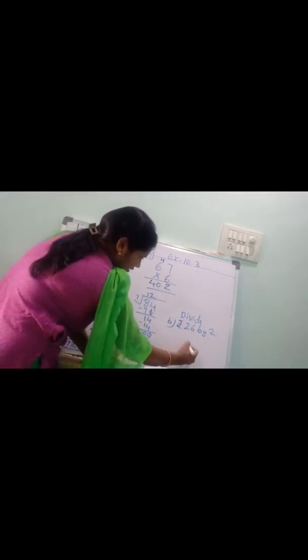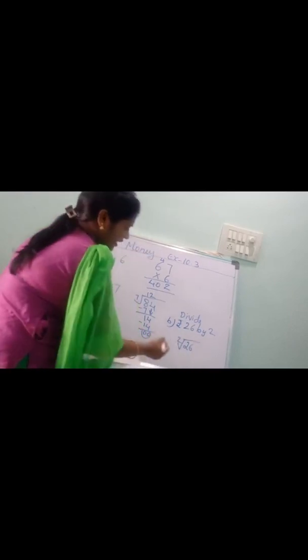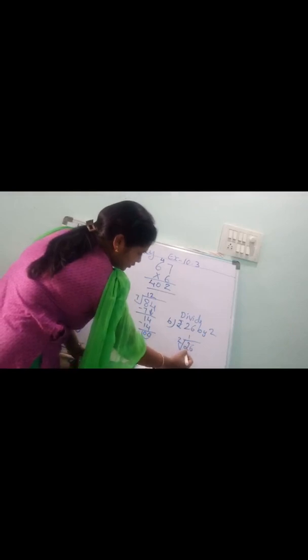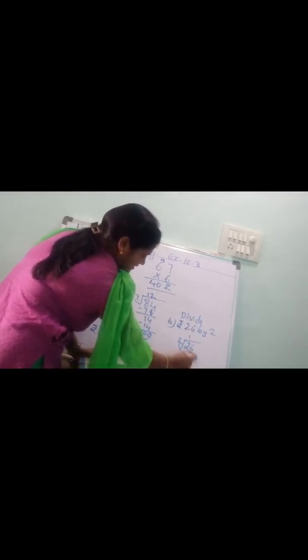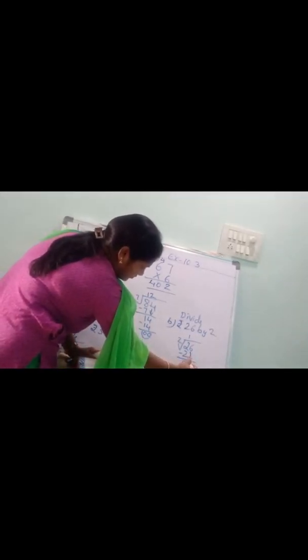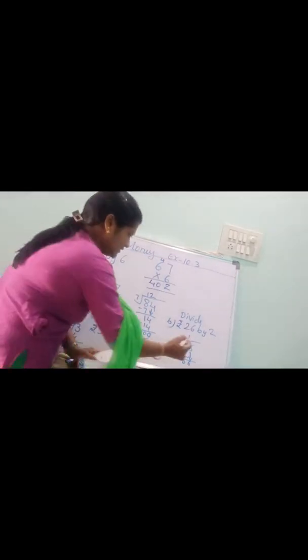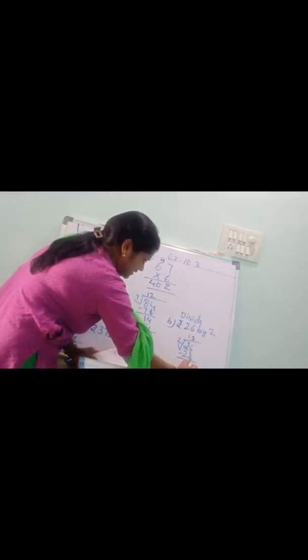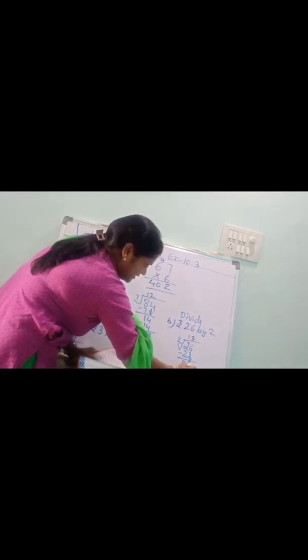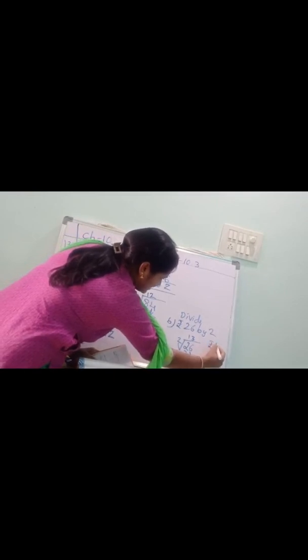Now, what you have to do? 26 divided by 2. 2 ones are 2. 2 you should write here, minus you should do. 2 minus 2, 0. You should take this 6 down. 2 ones are 2, 2 twos are 4, 2 threes are 6. That 3 you should write here, here 6. 6 minus 6, 0. What is the answer? Rupees 13 is the answer.